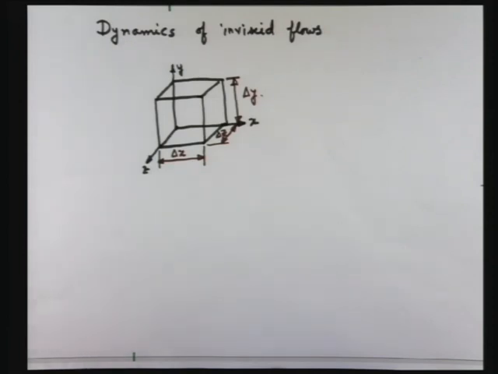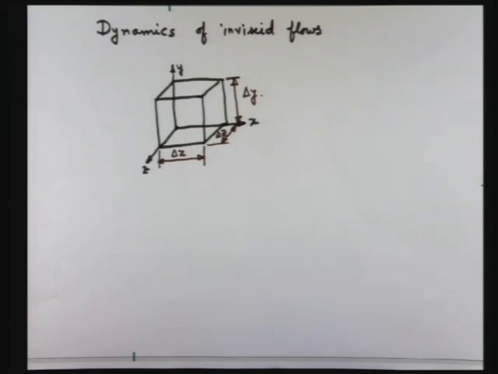To identify the forces in the x direction, we have 6 faces. Now, will the forces be normal to the faces or tangential to the faces? They will be normal to these faces, because tangential forces are shear forces, and then it will be the paradigm of viscous flow.